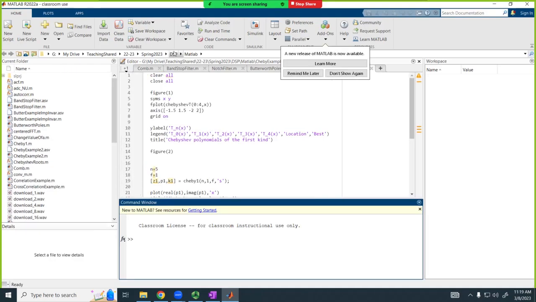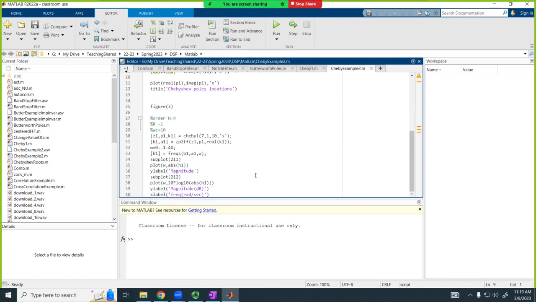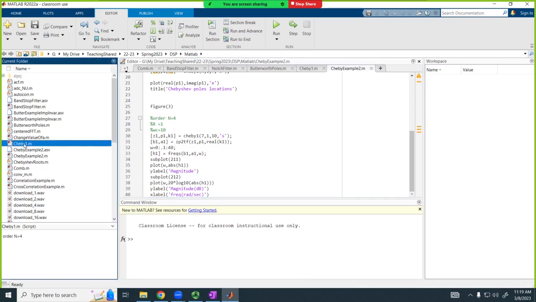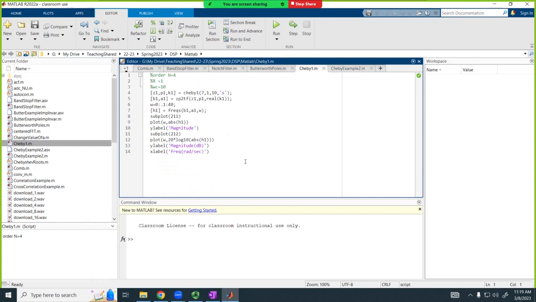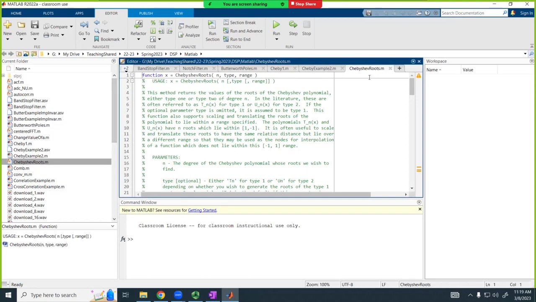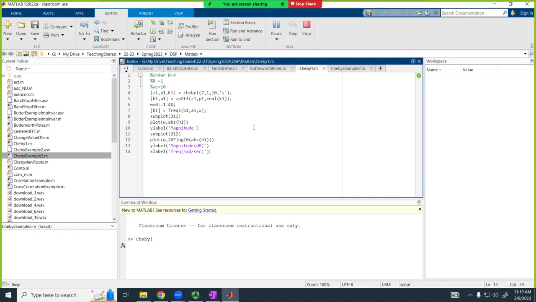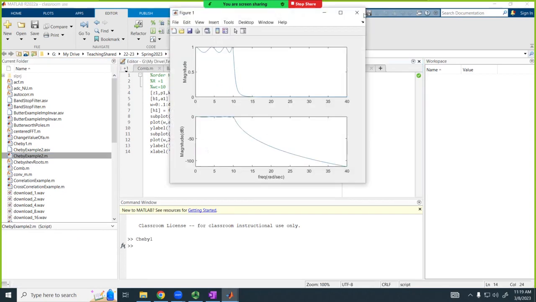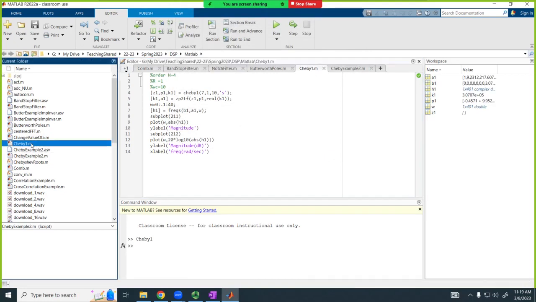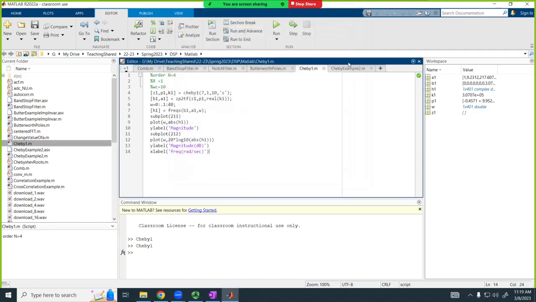So if we were to run the MATLAB, that's not what we want.